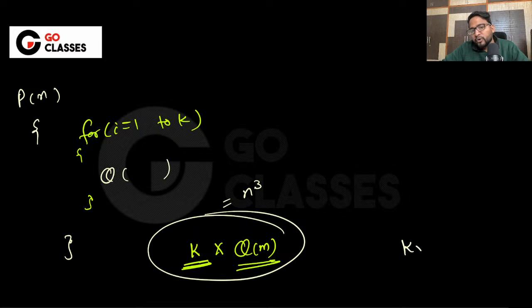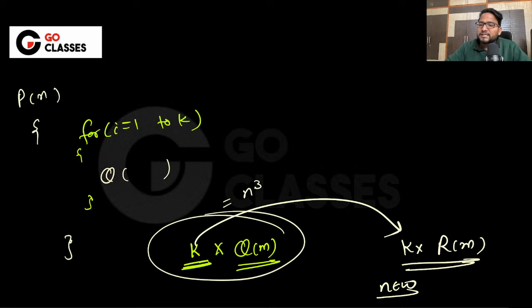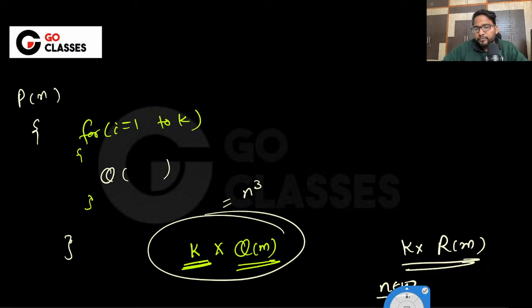Now you tell me the new time complexity. This is the new time complexity, isn't it? Will this k change if you are only changing this q to r?